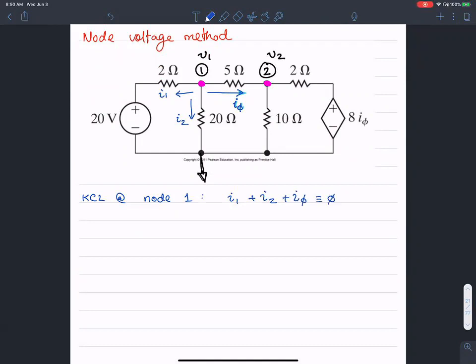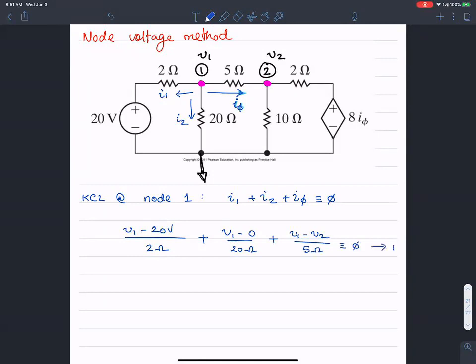That is KCL at node 1. So what is the value of I1? I1 is V1 minus 20 volts over 2 ohms, plus I2, which is V1, that's the current flowing down, minus ground over 20 ohms, plus I5, the current flowing right through the 5 ohm resistance, which is V1 minus V2 over 5 ohms, and all of that sums to 0.